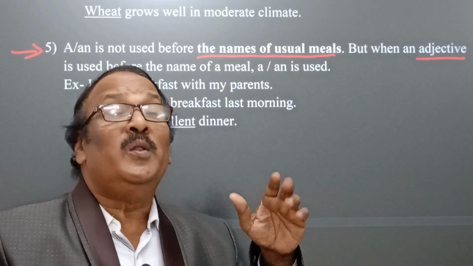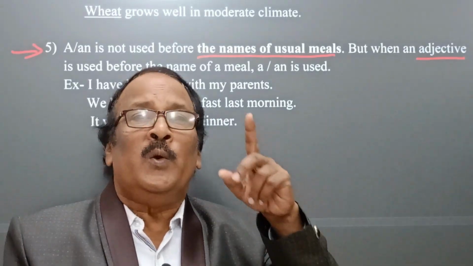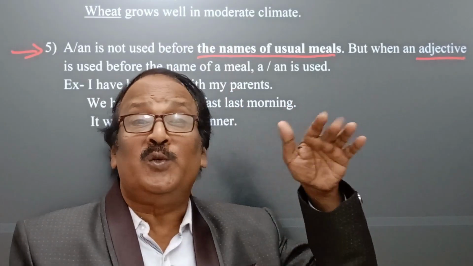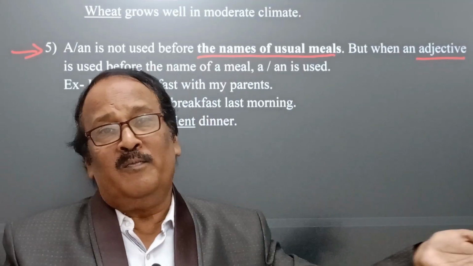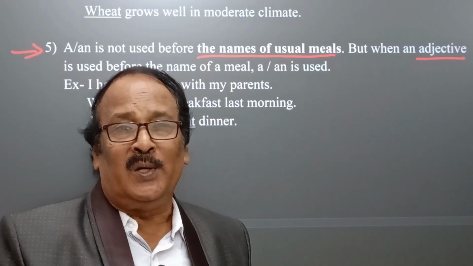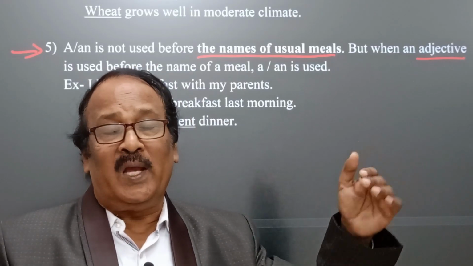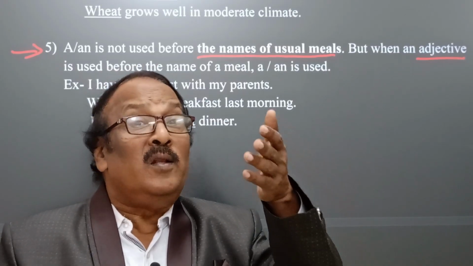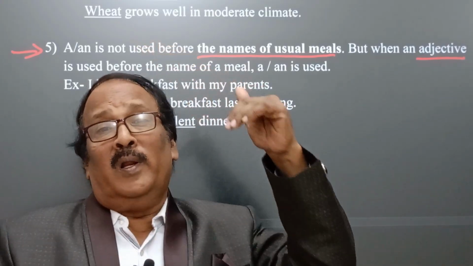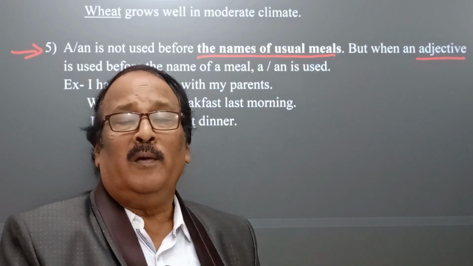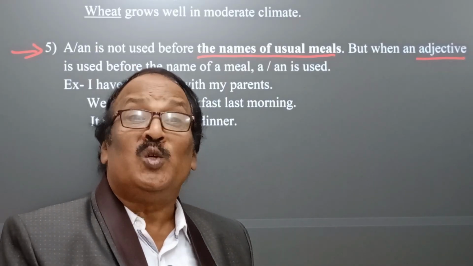You see here, then what are the usual meals? Here we find that the meals we usually take in a day are usual meals. For example, after daybreak we take breakfast, in the midday we take lunch, in the late evening we take supper.